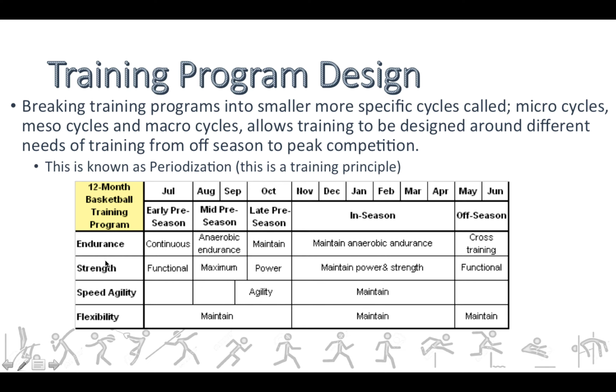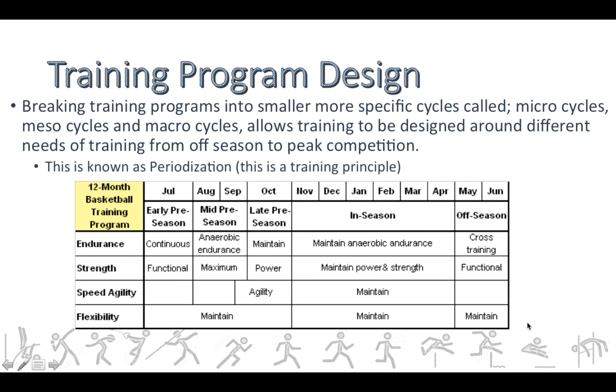Down this left-hand side, we have our fitness components that are the most important. Obviously, this list can be quite long. And then it says the sort of focus that we're going to have on those fitness components in those particular sections. Now these are called microcycles, mesocycles, and macrocycles. The macrocycle is the entire cycle over the 12 months.